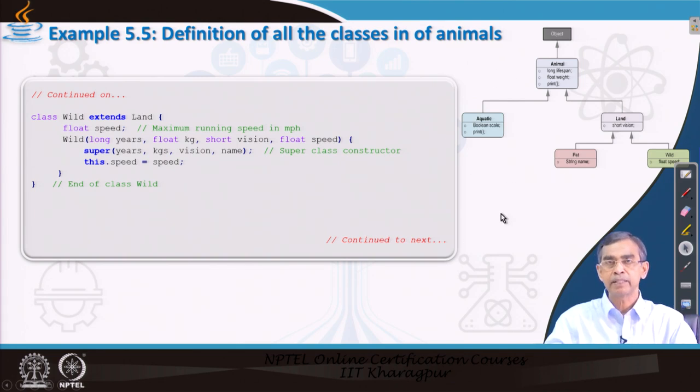Now, our objective is to make a program generically where any elements can be stored as a collection. We can create a collection of all pet animals, a collection of all wild animals, land animals or aquatic animals, or animals of any type. That means generically we can define it so that we can maintain a collection of any type.